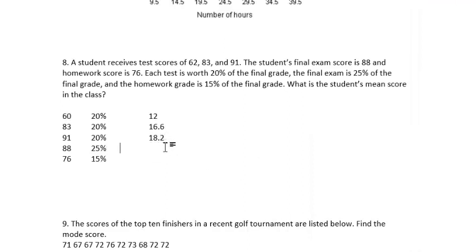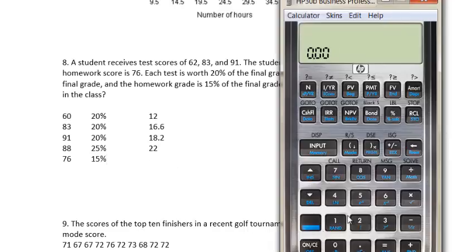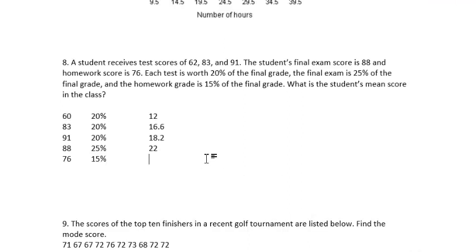I'm doing this relatively slowly, but okay. 25% of 88, that's obviously 22, because a quarter of 8 is 2. And 15% of 76, let's do this on the calculator as well. That is 0.15 times 76, and you get 11.4.